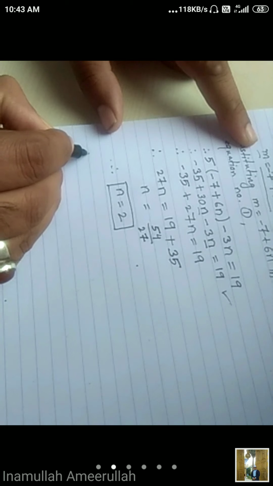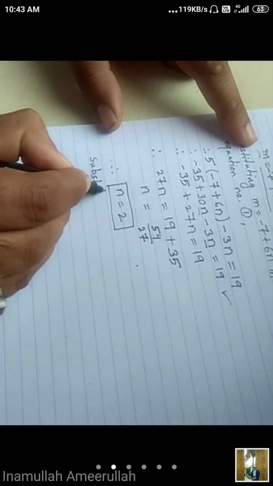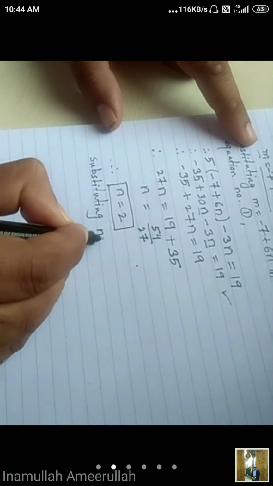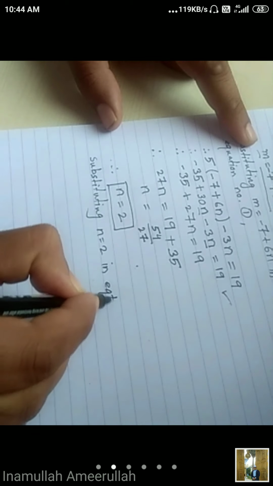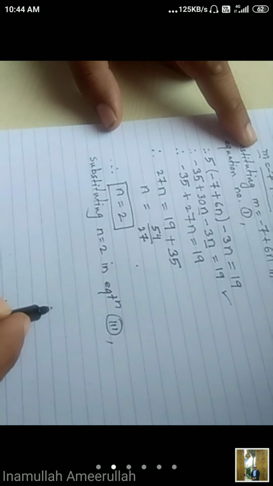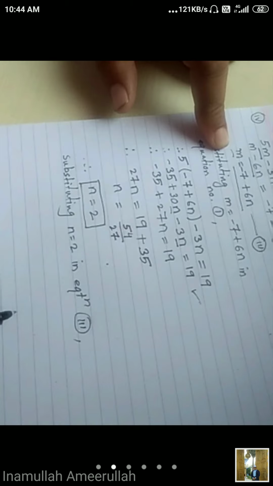So substituting n equals to 2 in equation number 3. So when you substitute n equals to 2 in equation number 3, this is your equation number 3.